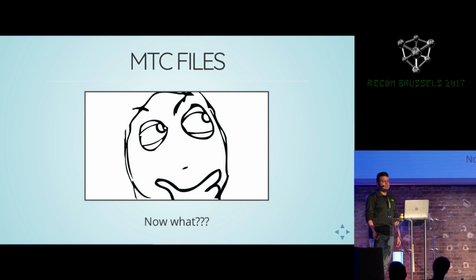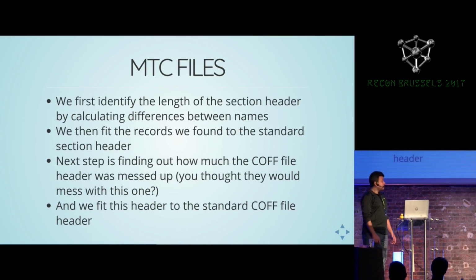Okay, so now what? We first identify the length of the section header. We can find the difference between the names of the sections, and this should be the length of the section header. We then fit this record to the standard COFF section header.